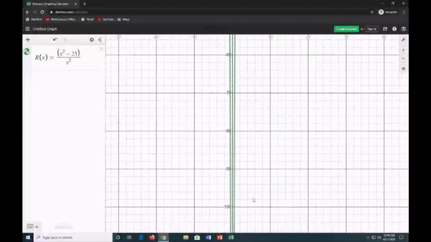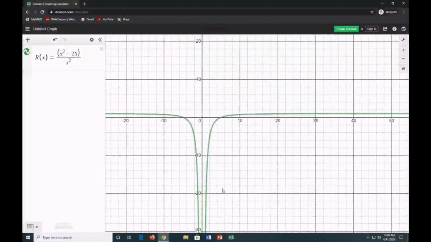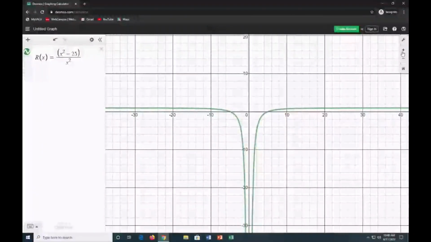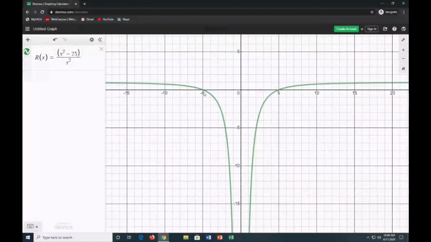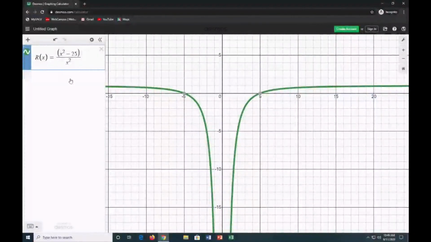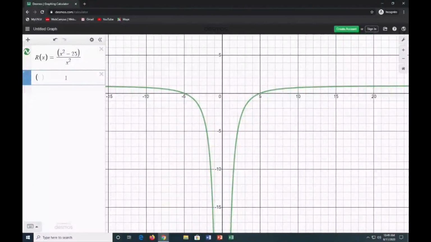So let's go back up again. The intercepts, we would expect those to be at minus 5 comma 0 and 5 comma 0. You can already see them, right? So let's snap to those points. So 5 comma 0, right there, and we're going to label it.